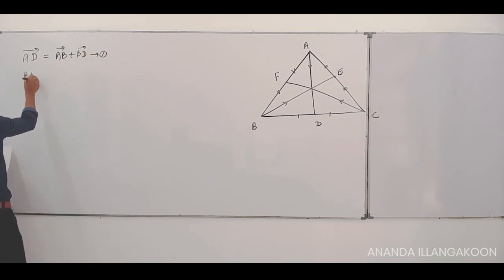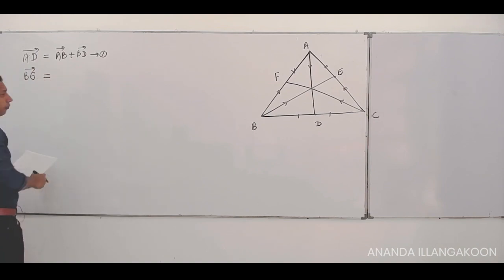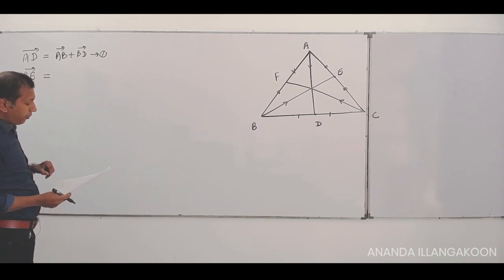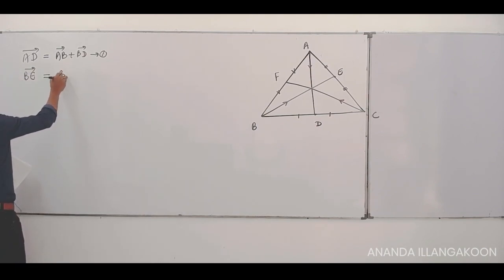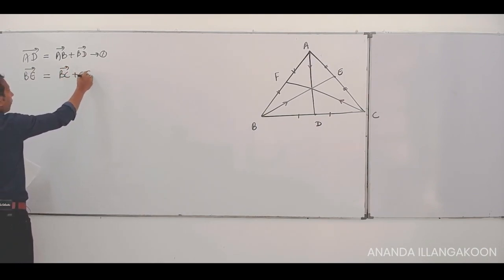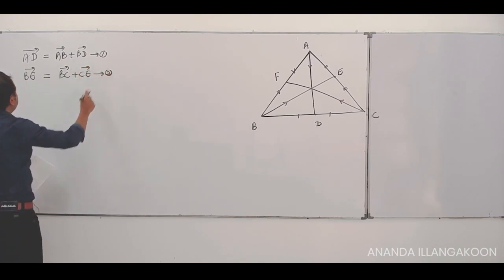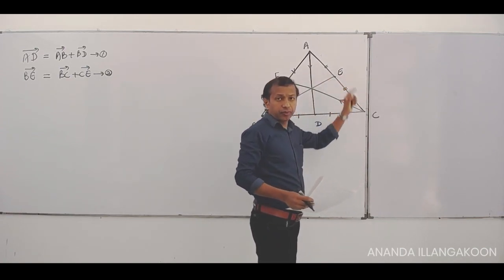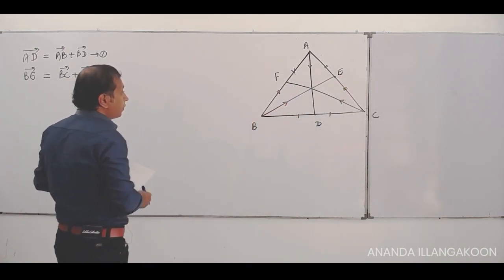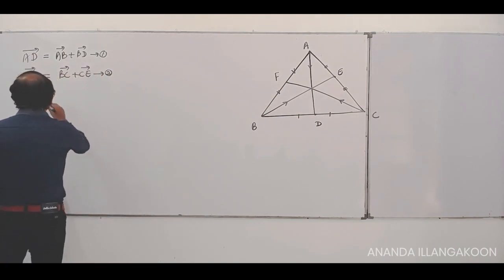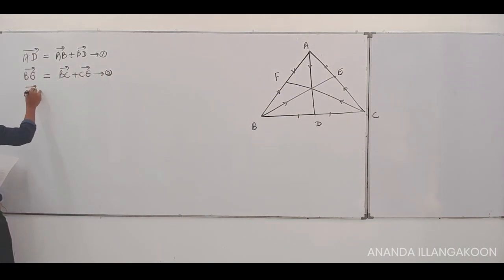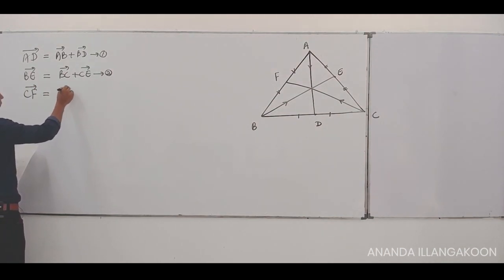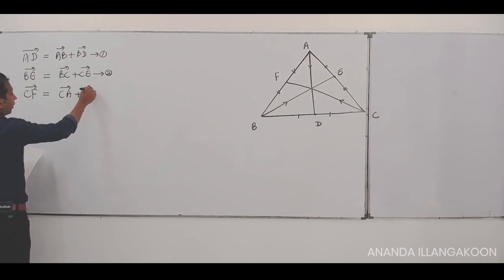The BE vector we can write as BC plus CE. Number 2. Next one, the CF vector: CA plus AF. Number 3.